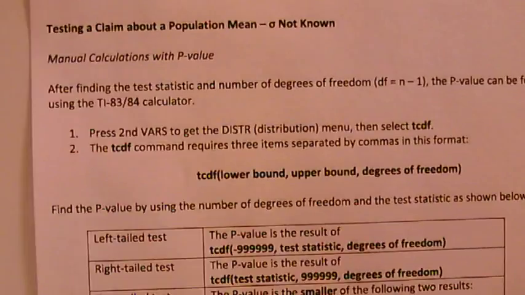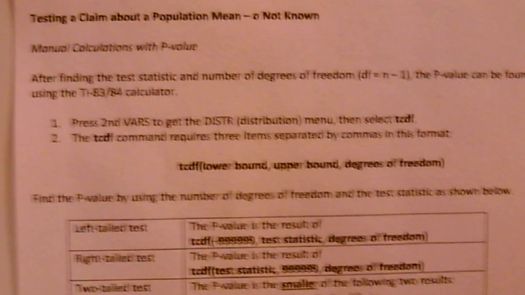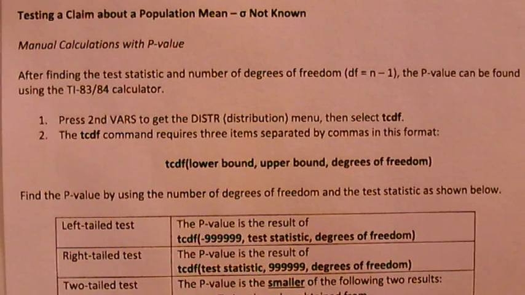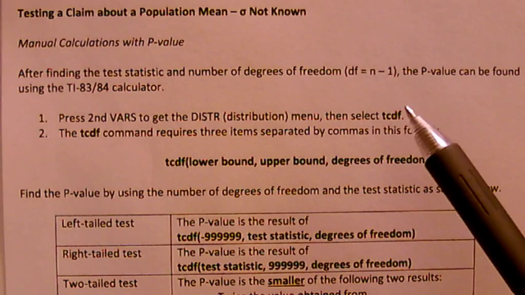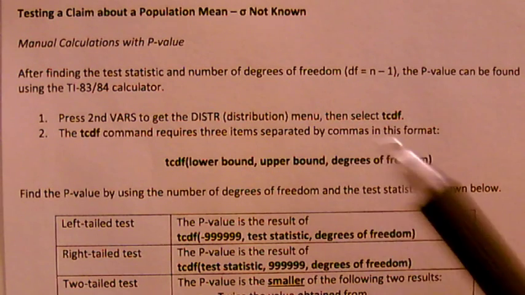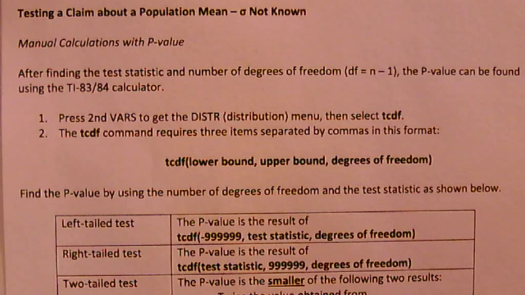Okay, now for the p-value, it will be best to use the TI-83 or 84 plus calculator. And in this case, once you find your test statistic and the number of degrees of freedom, which is always going to be n minus 1, that's the sample size minus 1, that will give you your degrees of freedom. We can find the p-value by using the TI-83 or 84 plus calculator.